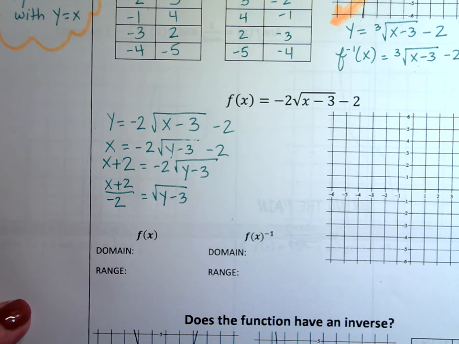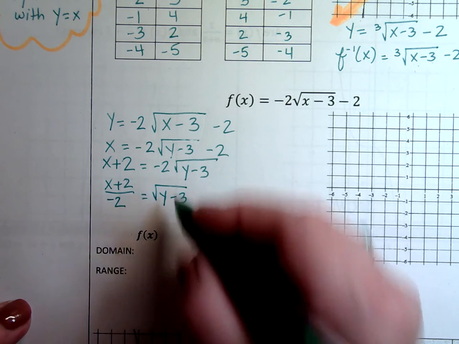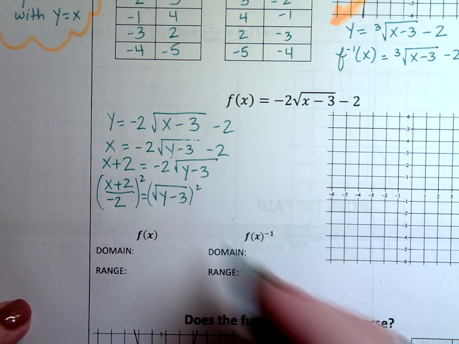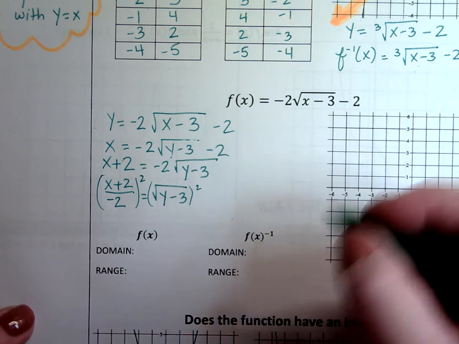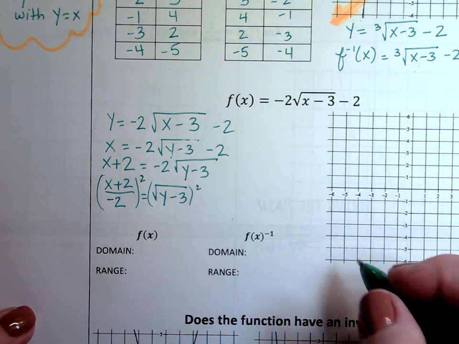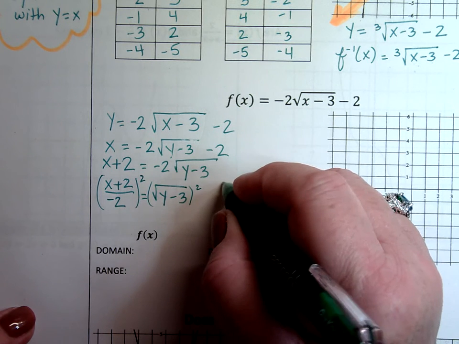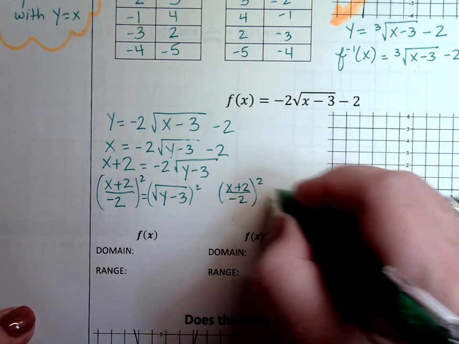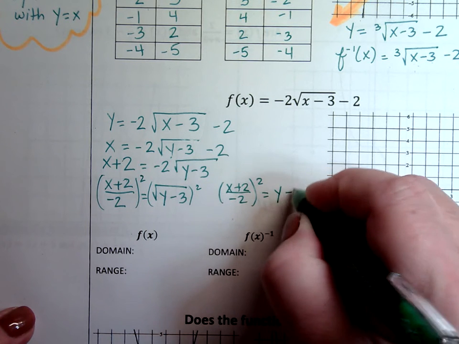I want to get rid of the square root. I have to square both sides. Well, over here that's pretty because that's going to give me just a y minus 3. So I'll have this crazy fraction, x plus 2 over -2, squared equals y minus 3.